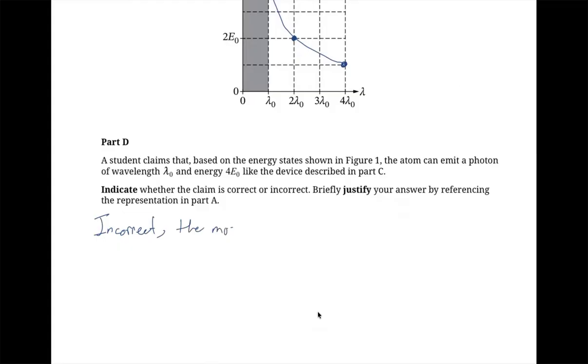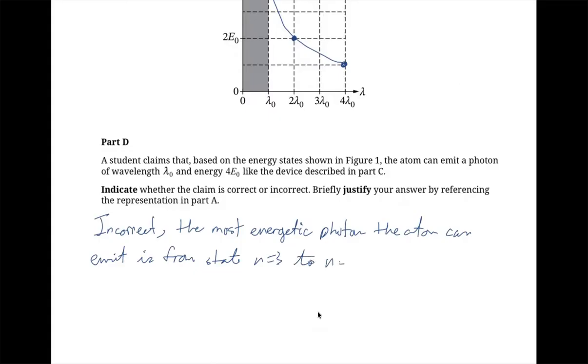The most energetic photon the atom can emit is from state n equals 3 to n equals 1, which would have an energy of 3 E naught.